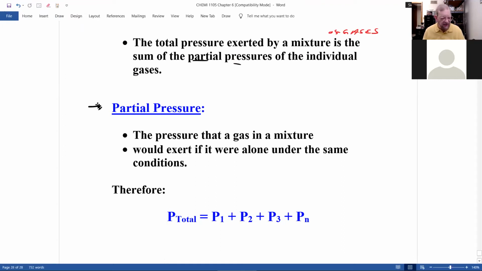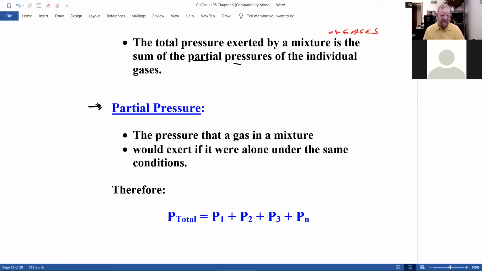A partial pressure is the pressure that a gas in a mixture would exert if it were alone under the same conditions. So if you have a mixture of gases, the partial pressure of each gas is the pressure it would have if it were alone.